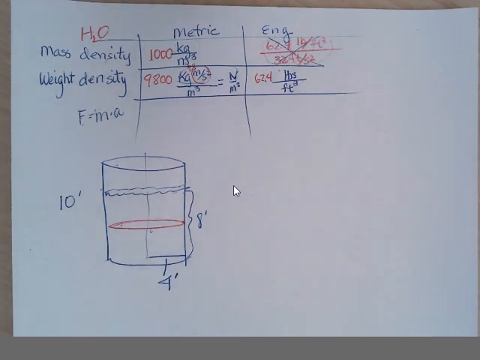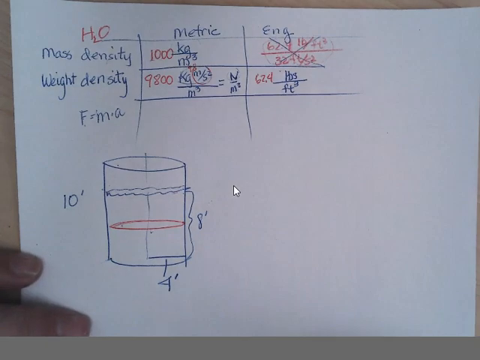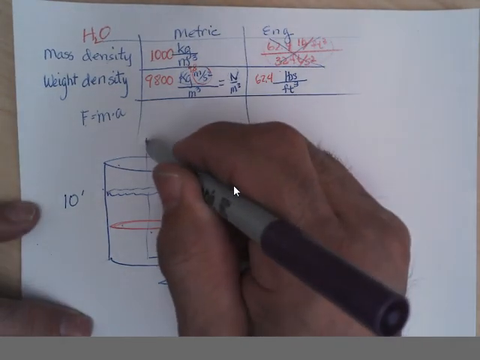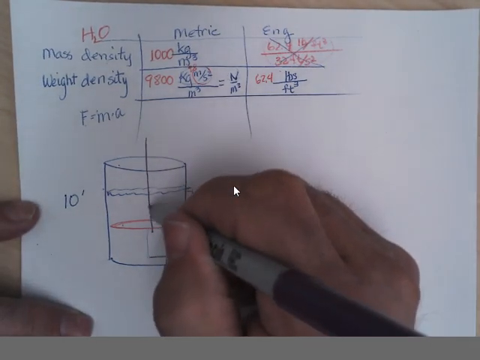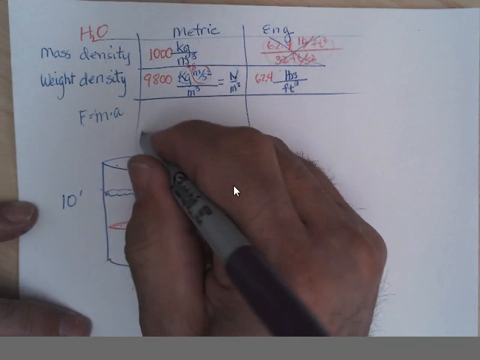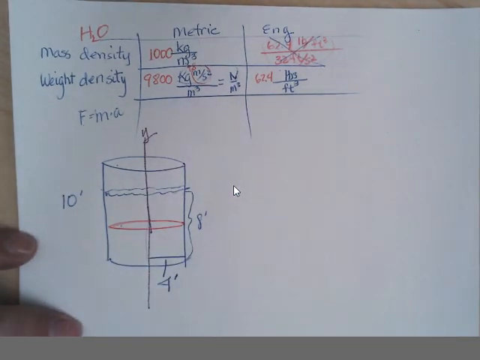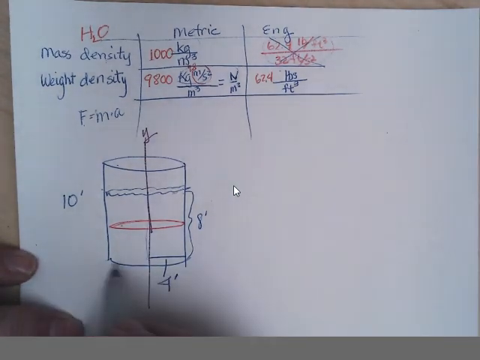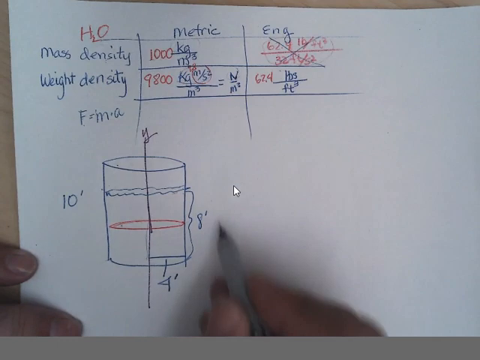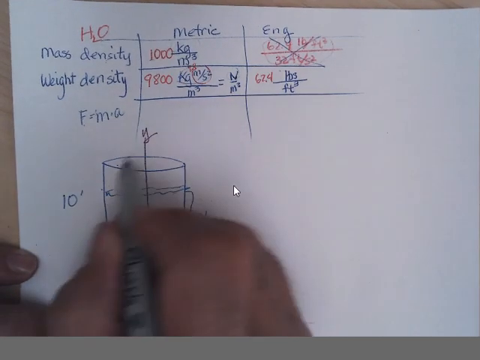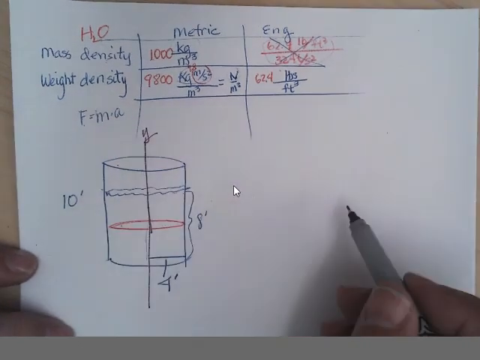Now, to do this, I need to set up a coordinate system. I have to decide where the x-axis sits and the y-axis, so I know what I'm doing. I'm just going to make the y-axis go right down the middle. I could put the x-axis at the bottom, or at the top of the water, or the top of the tank.